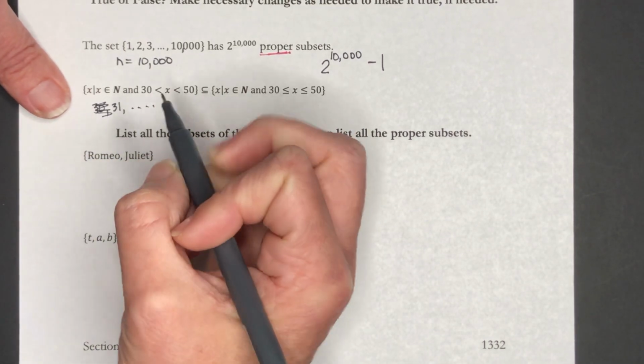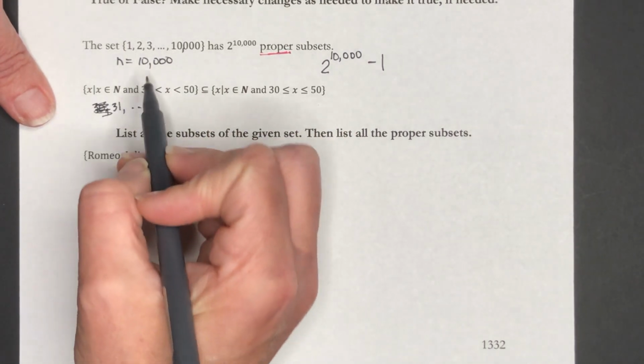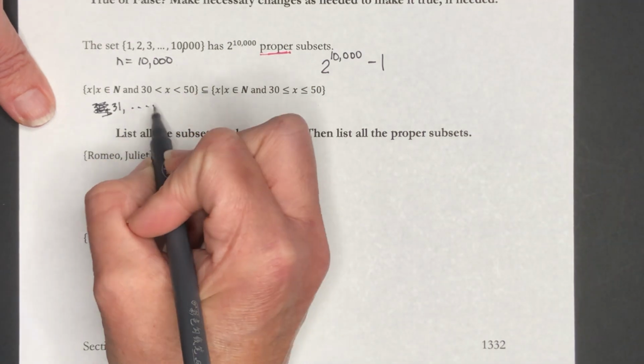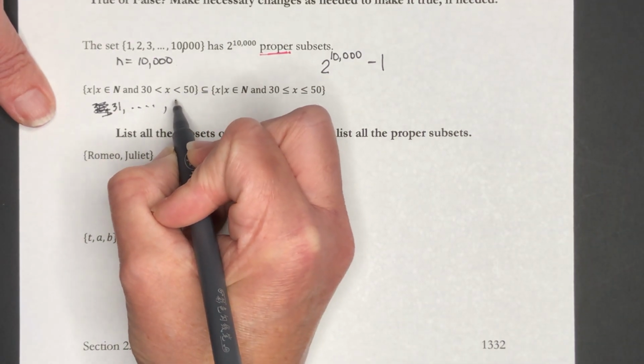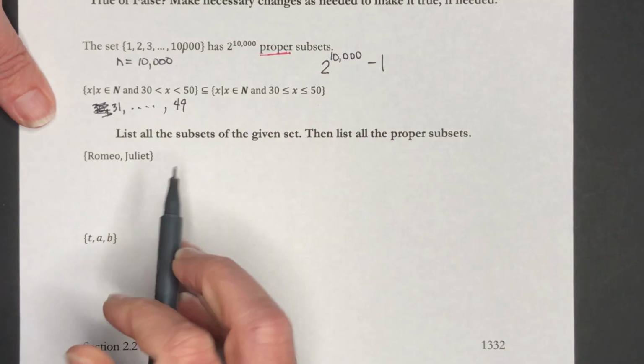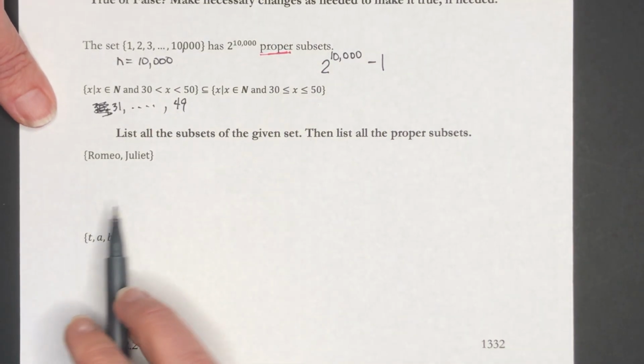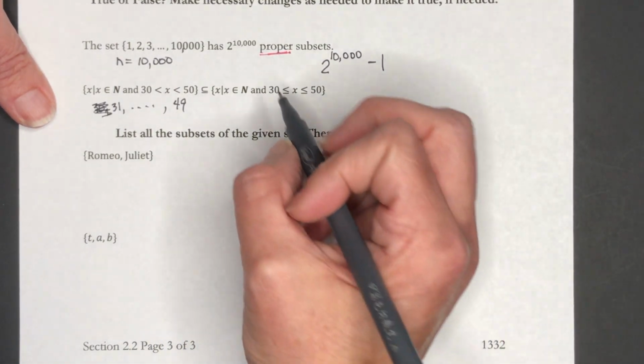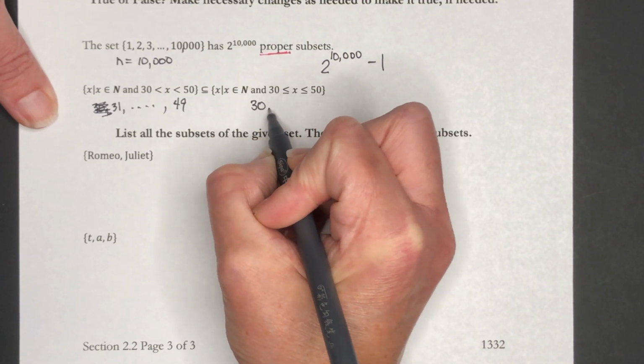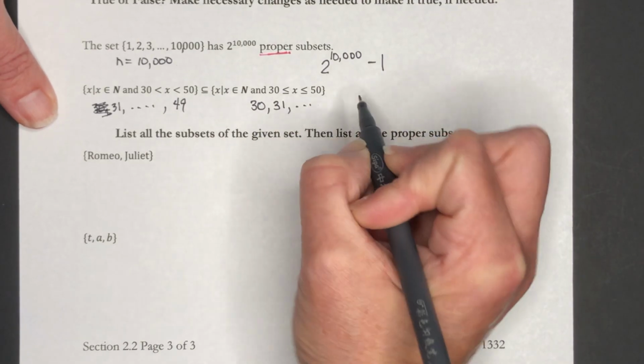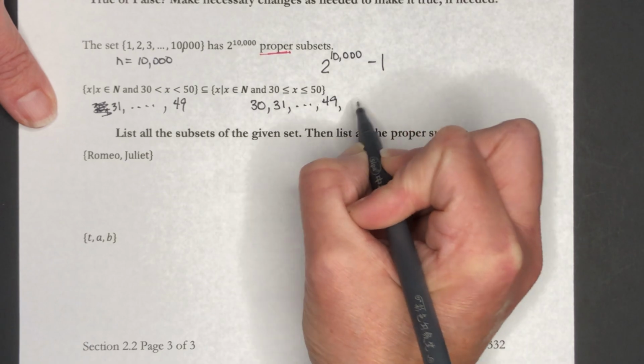No, I'd start at 31, because you're not allowed to equal 30. Start at 31, go all the way up, and you'd stop at 49 because it has to be less than 50. But here, you're allowed to equal. So on this one, I would start at 30, list 31, go up to 49, and then 50.